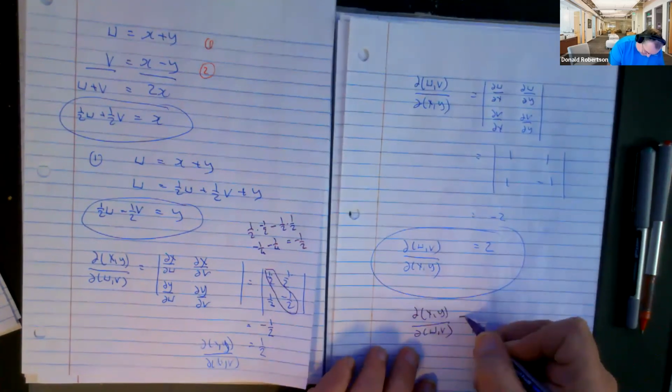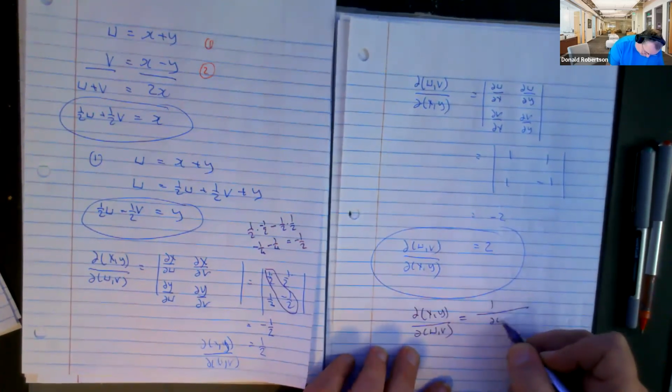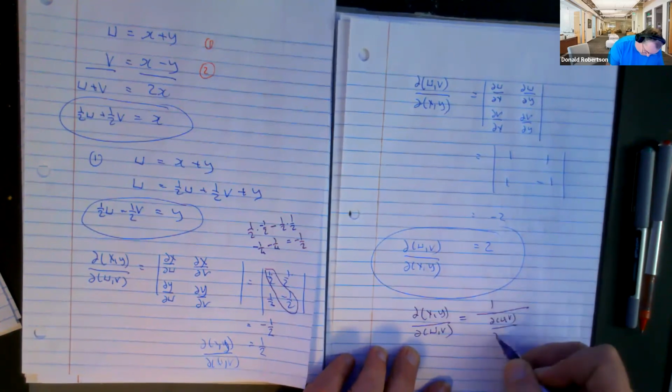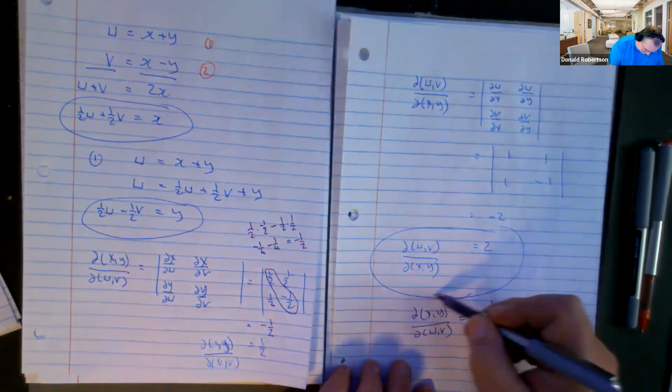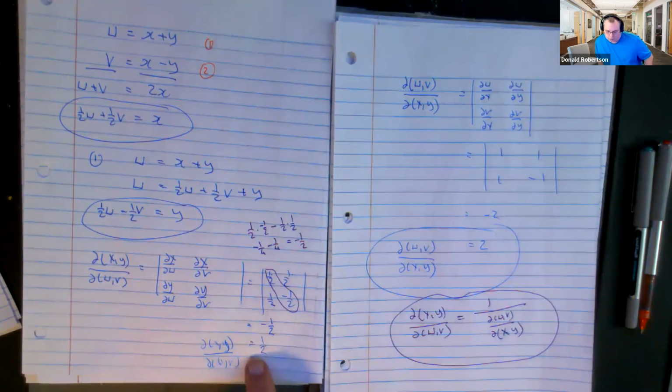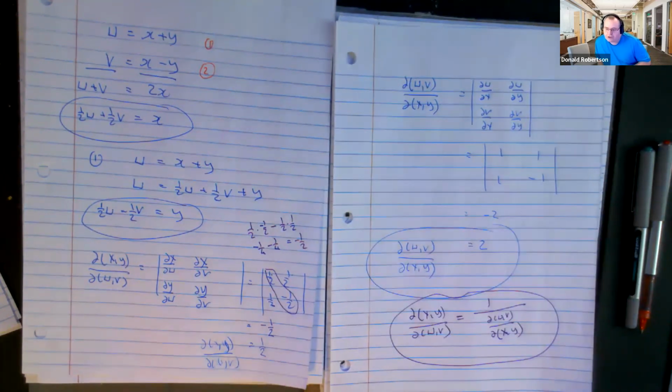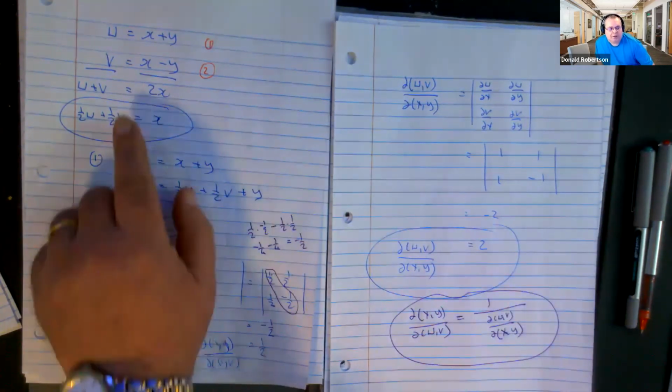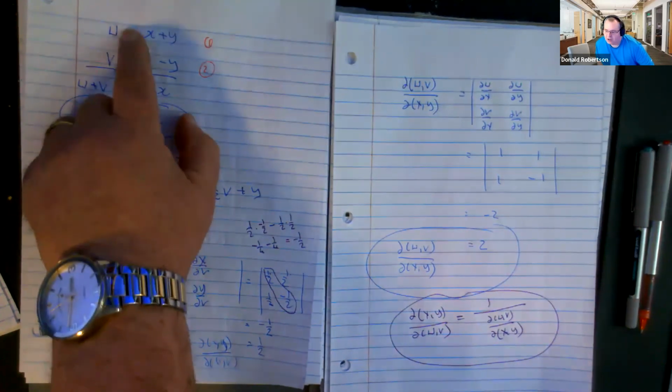That guy is the reciprocal of that guy. Now, that reciprocal rule is only to be used when both equations are linear.